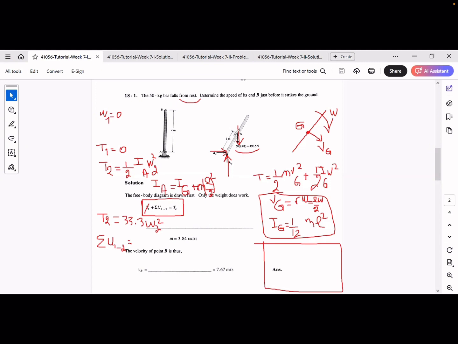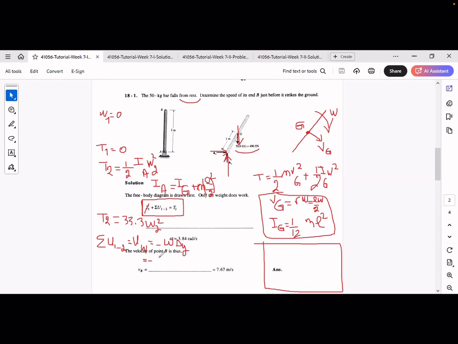We only have the work done by the weight of the bar, and it has this formula: U of the weight is negative W delta Y, where W is the weight, 490.5.